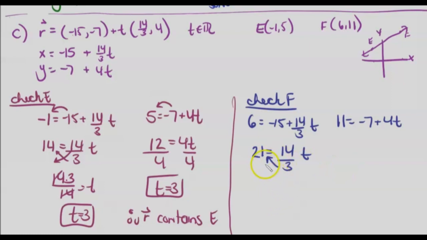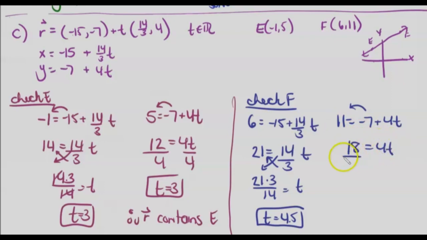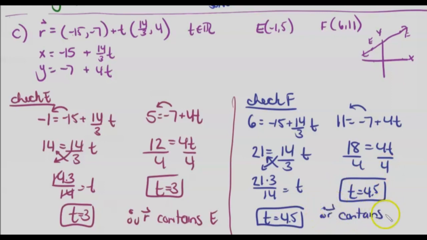Cross multiply the 3 up, cross multiply the 14 down. Essentially we get 21 times 3 over 14, and we're going to end with t equals 4.5. Okay, next one. Bring over the negative 7, we get positive 7. So 11 plus 7 is 18, equals 4t. Divide both sides by 4, and we get t equals 4.5. So R contains F.